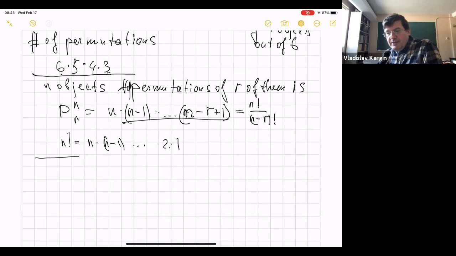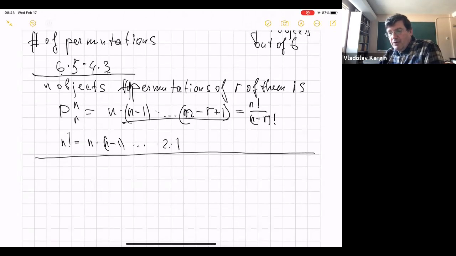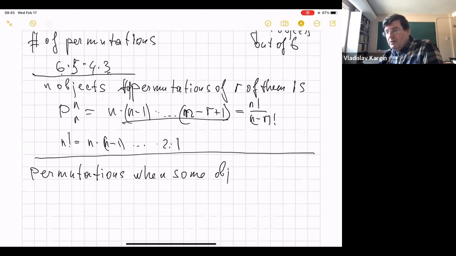Now, in this example we looked at the case when all the objects were distinct. Suppose that they are not distinct, that some of them could be the same. So, permutations when some objects can be the same.